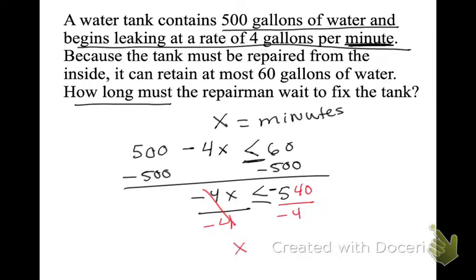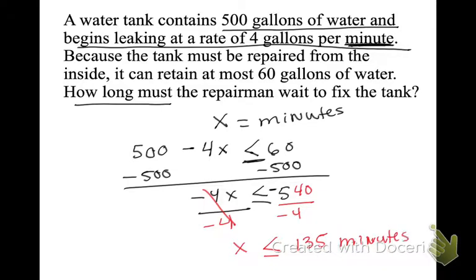Now x has to be less than or equal to 540 divided by 4, which is 135. So they have to wait 135 minutes.